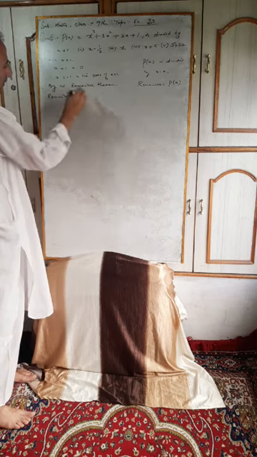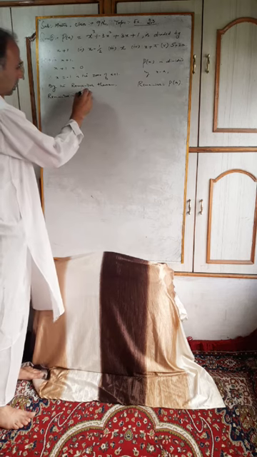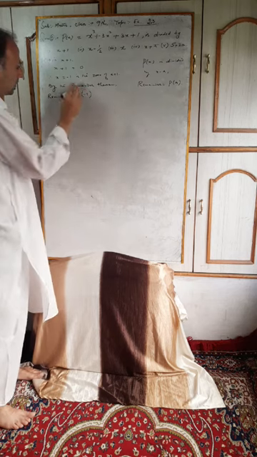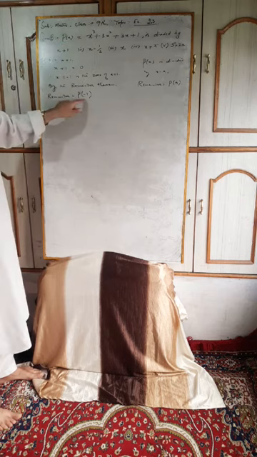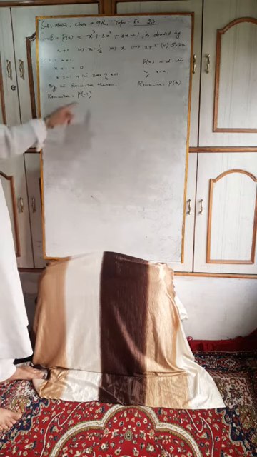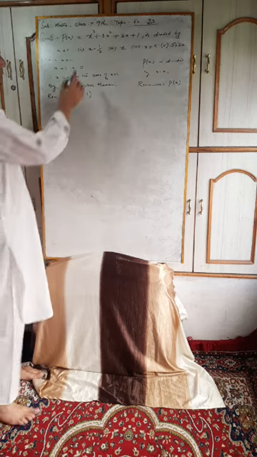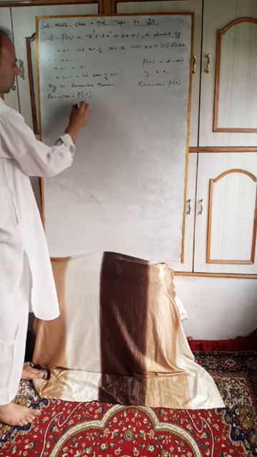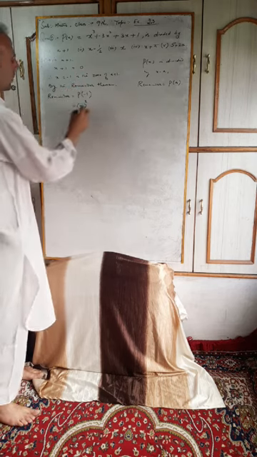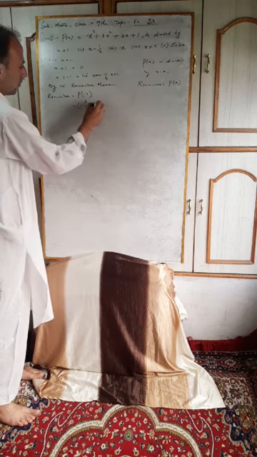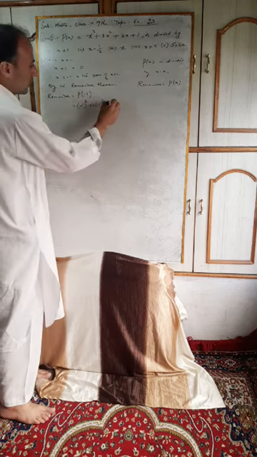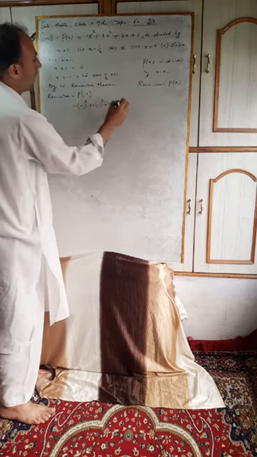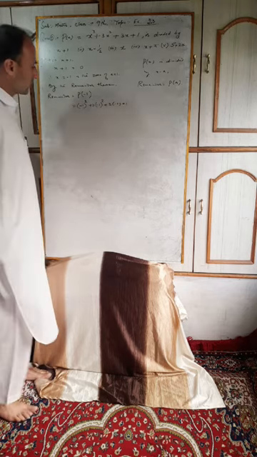remainder is equal to p(a). In place of a we are having −1, so it will be equal to p(−1). Here p(x) is equal to this one, and in place of x we have to substitute x = −1, so it will turn out to be (−1)³ + 3(−1)² + 3(−1) + 1.